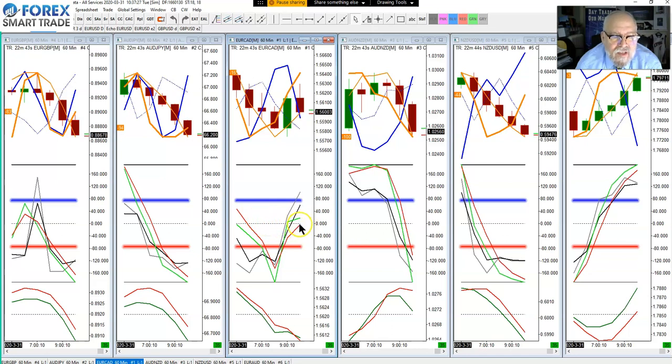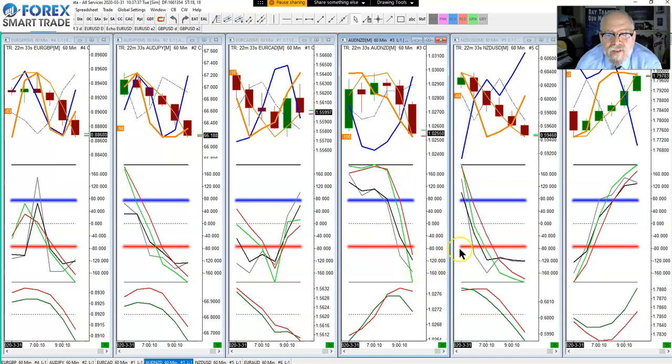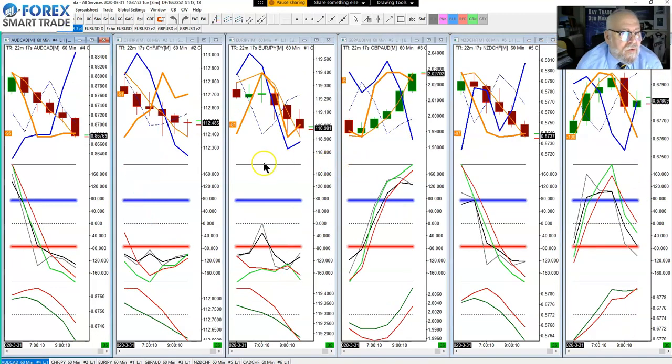And it looks like it's running out of gas because it's starting to go sideways. Australian New Zealand dollar, oversold and pointing down. New Zealand USD, oversold and pointing down. And Euro AUD, overbought and pointing up. So we're not doing well so far this morning.